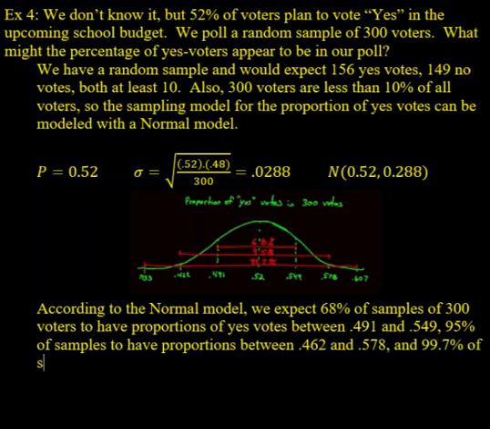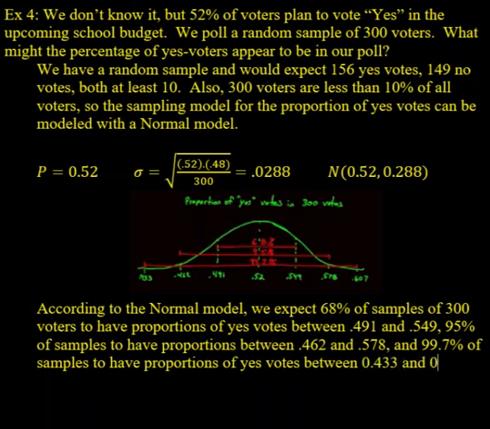And 99.7% of samples to have proportions between 0.433 and 0.607. Between 0.433 and 0.607.